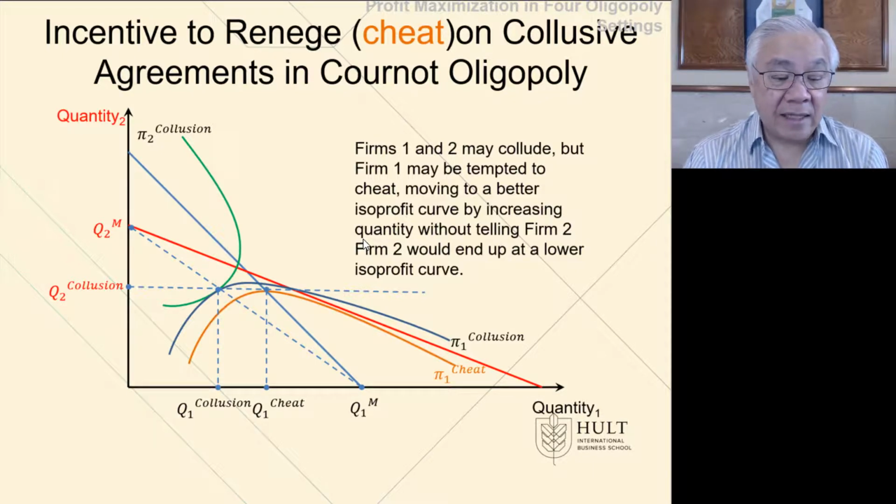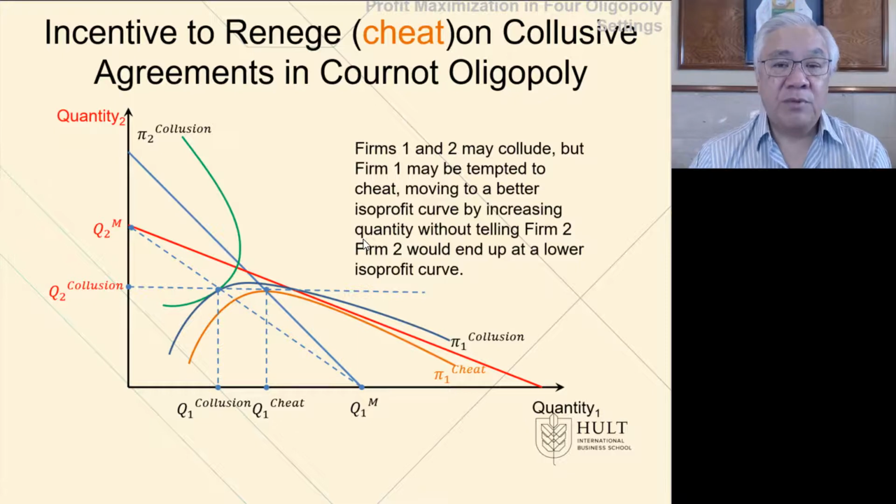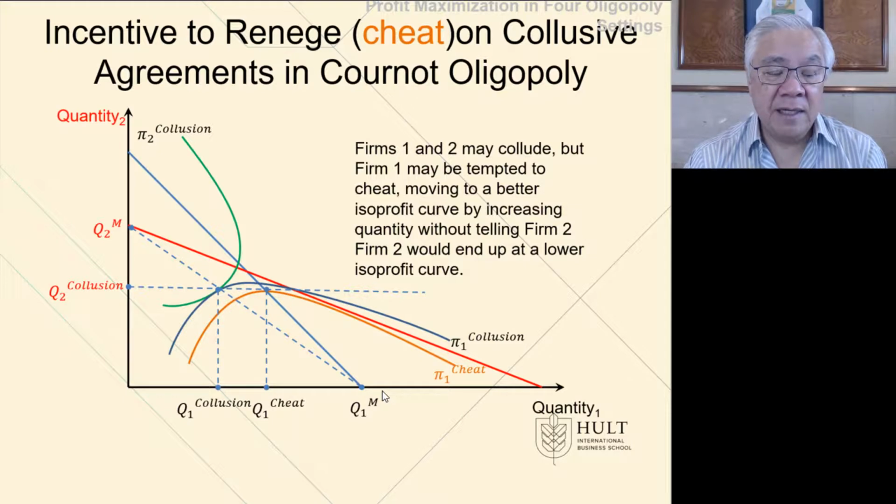Notice that at that level of Q2, the profit for firm 1 could be enhanced even more by going to this point, where the Q2 collusion is this fixed line. Firm 1 can move to this point and cheat. By doing so, they move closer to their monopoly position, take advantage of the concession or the agreement by firm 2, and reach yet a better isoprofit line by cheating.